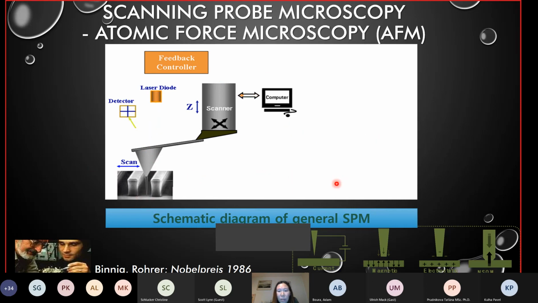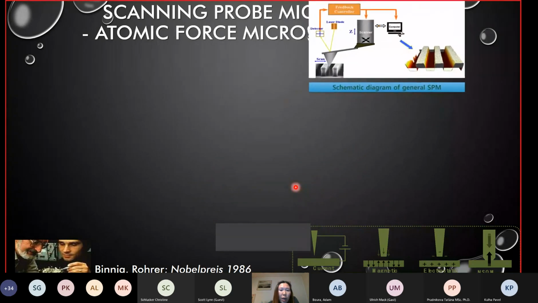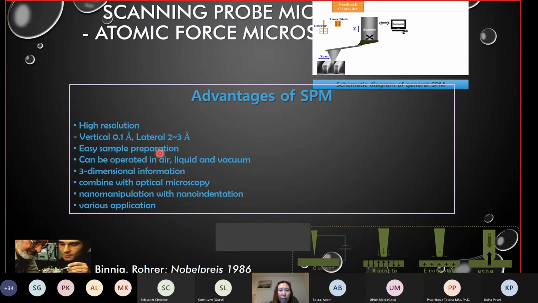Here you can see the schematic diagram of the AFM, and it has quite a few advantages. It has high resolution, ideally in vacuum conditions, but it can also be operated in various environments, for example liquid.